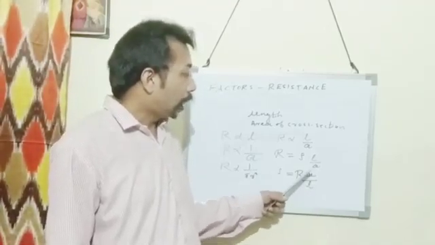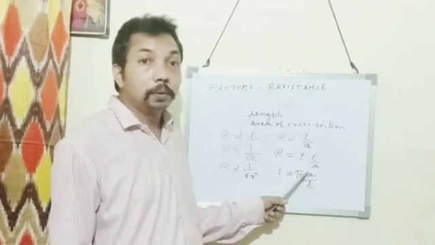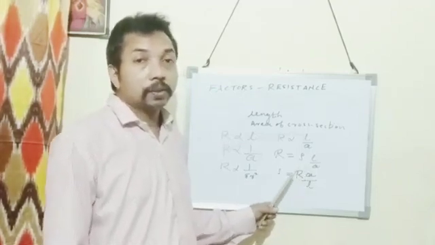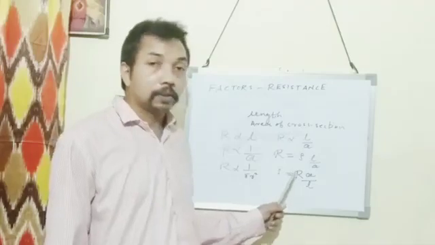We will get R into 1 upon 1, which is equal to R. So this is the definition of specific resistance.